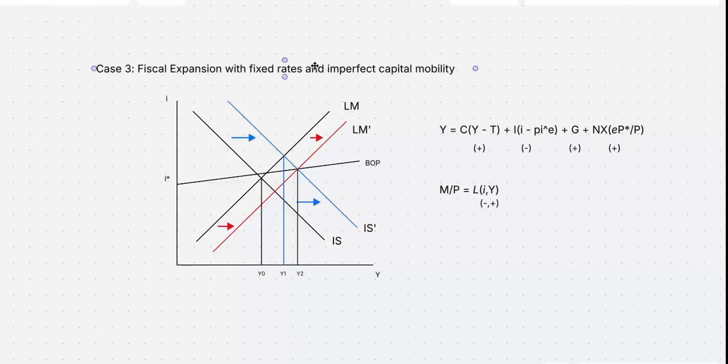However, because the exchange rate is fixed, the central bank will have to sell domestic currency in order to get the money supply back up, and therefore decrease the exchange rate. Because they sell domestic currency in order to fix the exchange rate, we can see that the LM curve shifts out.